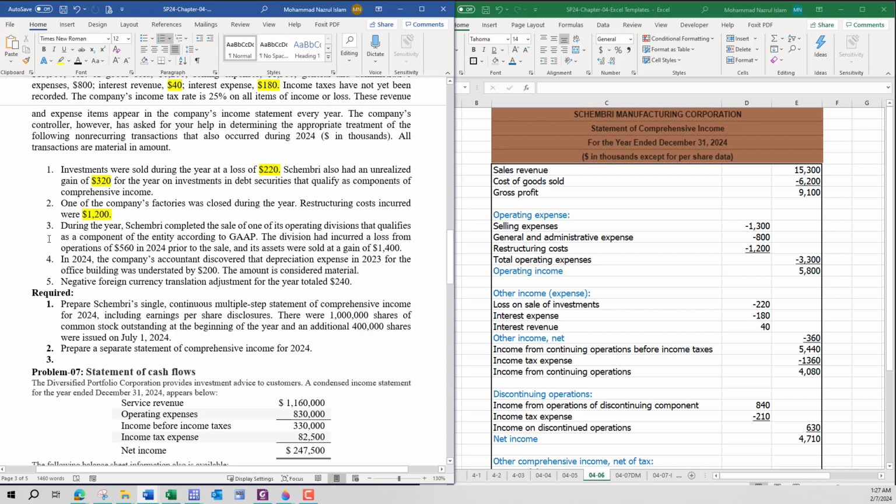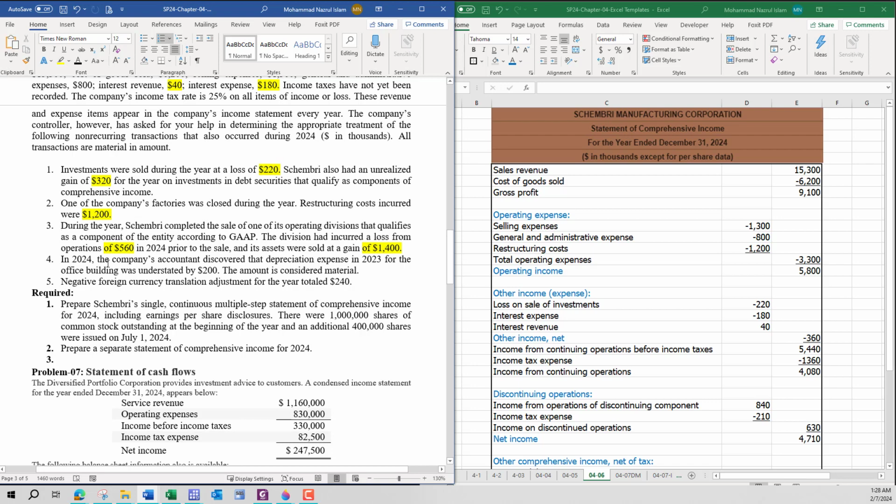During the year, there was a discontinued operation, and the division had incurred a loss of 560, and its assets were sold at a gain of 1400. So we should be considering the difference.